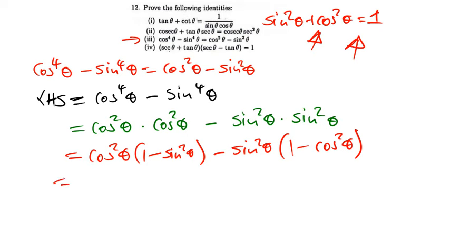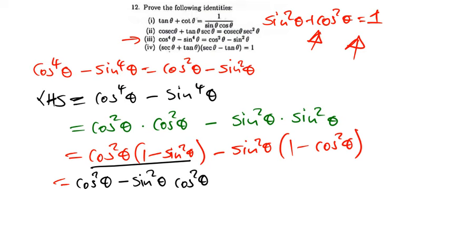So if we multiply by what's outside the brackets, we're going to have cosine squared of theta, since we're multiplying this part with that. And then the other part we're going to have minus sine squared of theta.